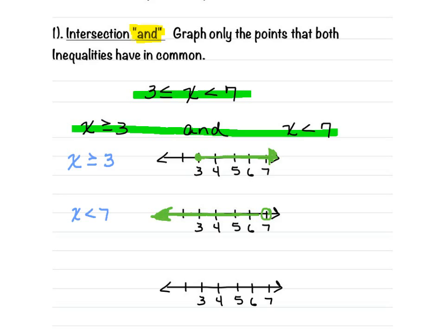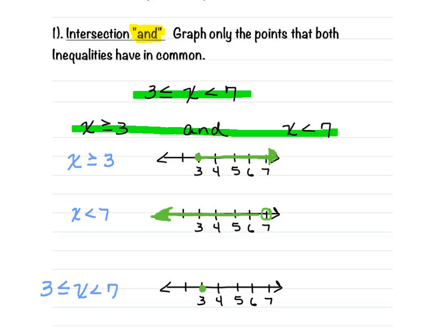Now, because this is an intersection, an "and" type of compound inequality, x has to meet both criteria. x has to be both greater than or equal to 3, and it must also be less than 7. So when we graph our compound inequality, 3 is less than or equal to x, which is less than 7, we only graph those points that they have in common.